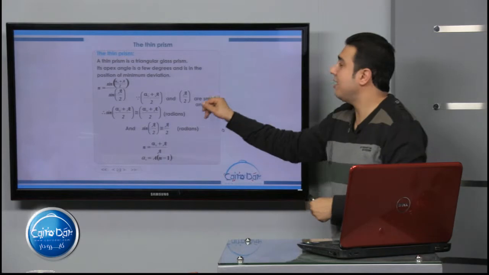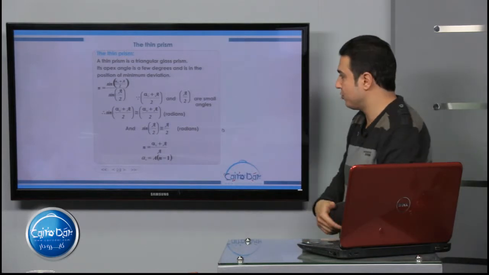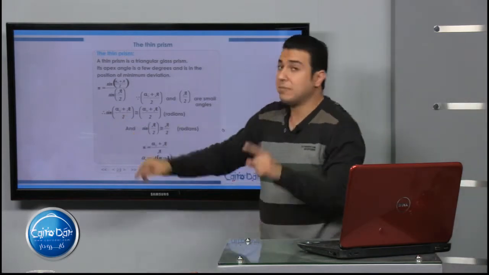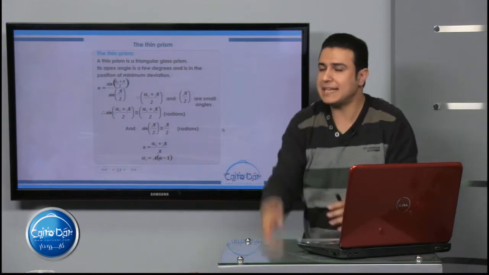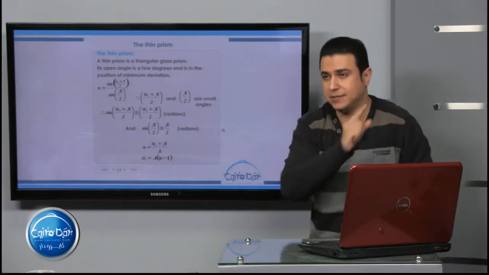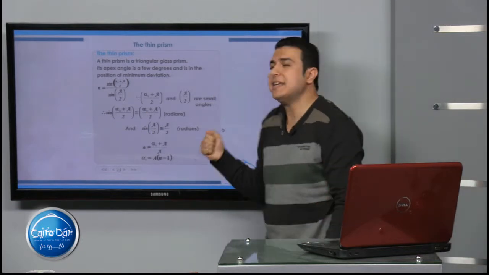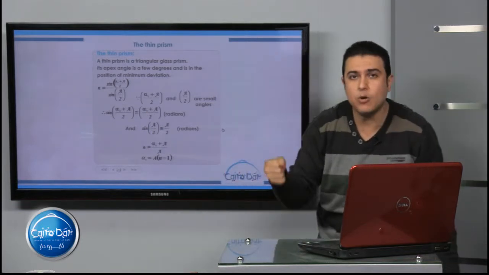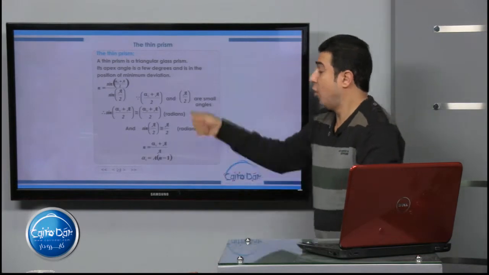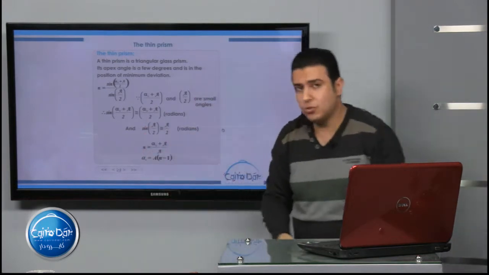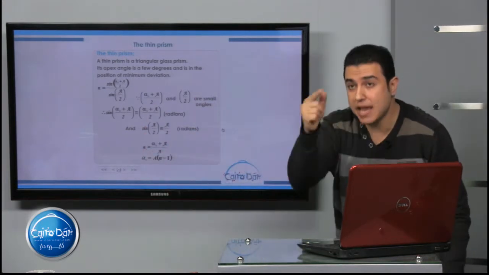Here they are small angles, in radians of course. So sine of (alpha naught plus A) over 2 is approximately equal to (alpha naught plus A) over 2. Also, sine A over 2 is approximately equal to A over 2.